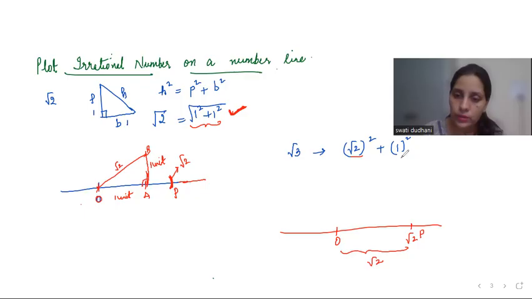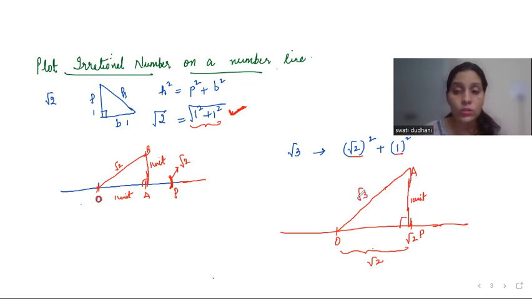Now this is 1 unit. From here P to A, I will plot 1 unit. So root 2 and 1, when I form a right angle triangle, this will be my root 3.